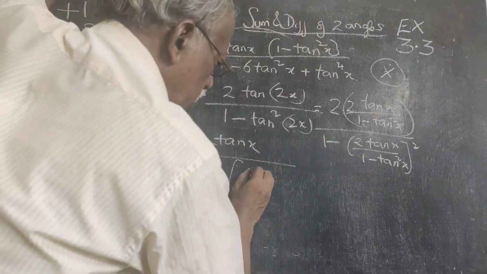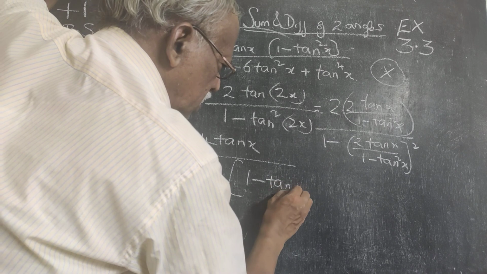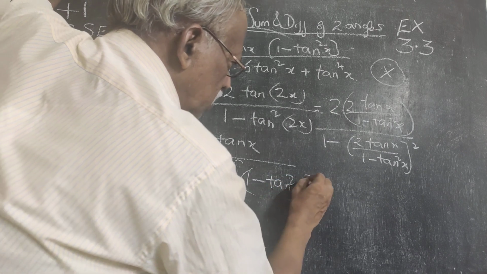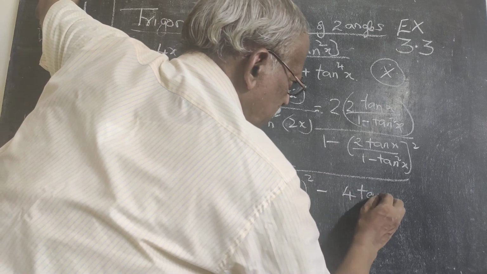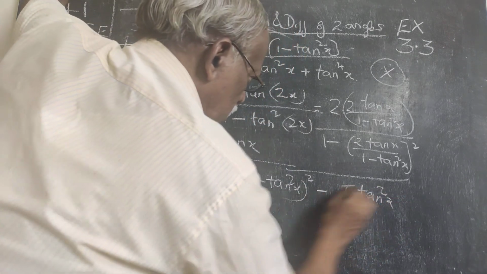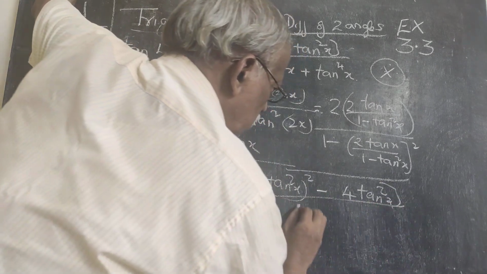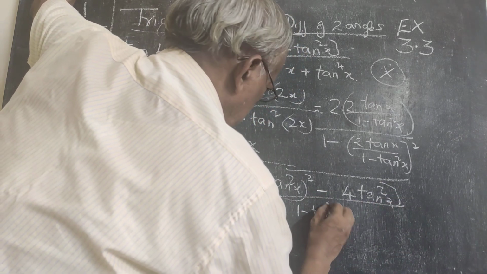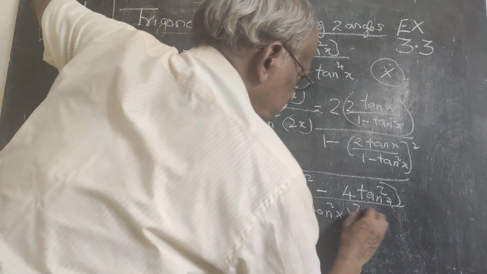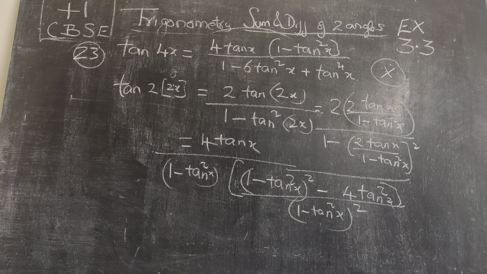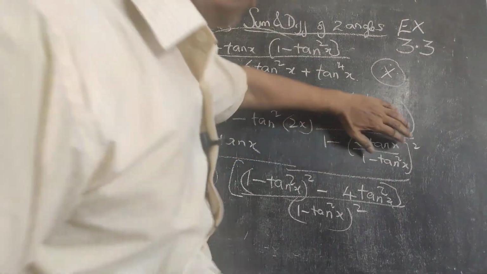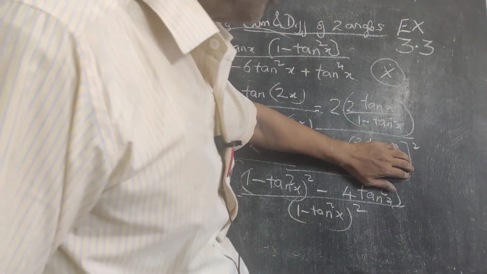This part will be 1 minus tan square x the whole square minus 4 times tan square x, the whole thing divided by 1 minus tan square x the whole square. 2 tan x by 1 minus tan square x, so that will be 4 times tan square x divided by 1 minus tan square x the whole square.